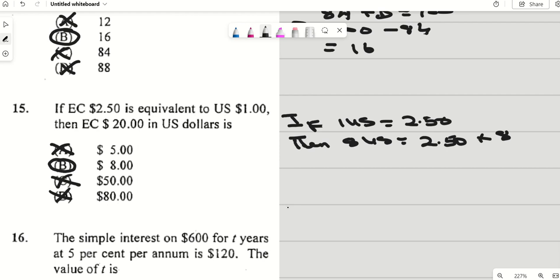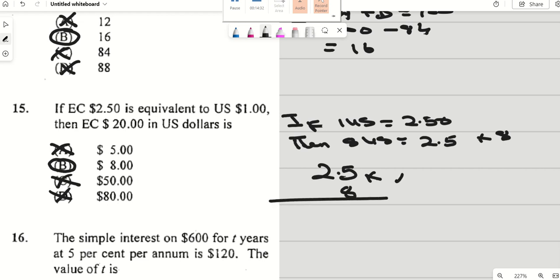Just multiply 2.5 multiplied by 8, right? 5 eighths are 40, right? 8 twos are 16, 16, 17, 18, 19, 20.